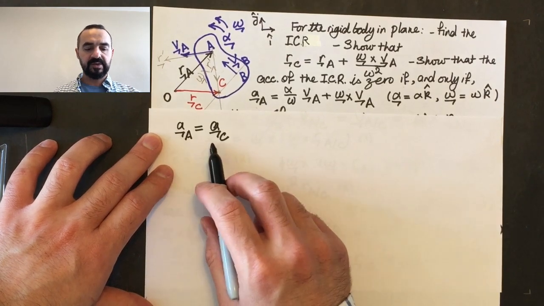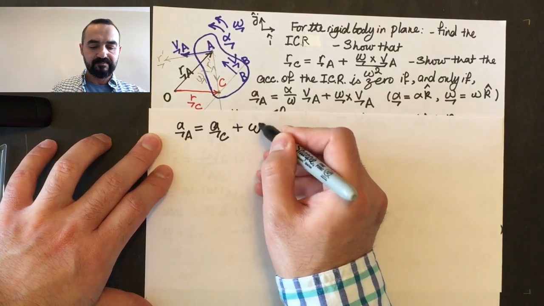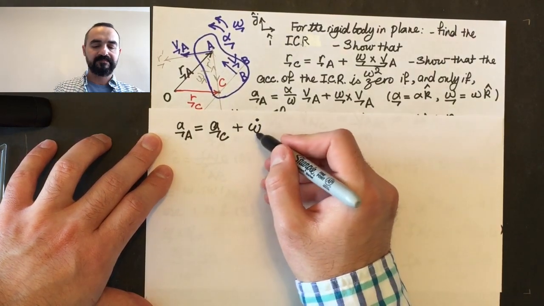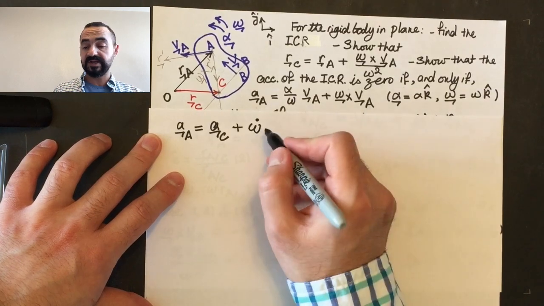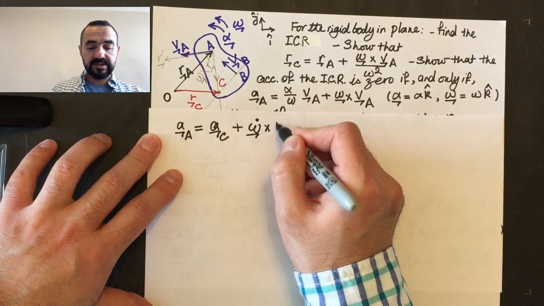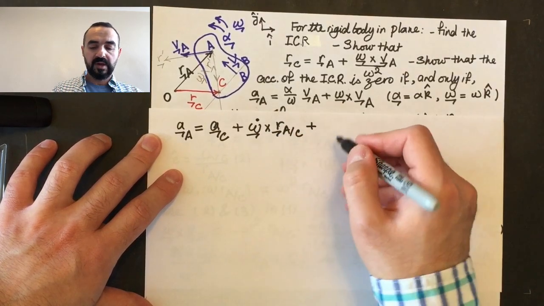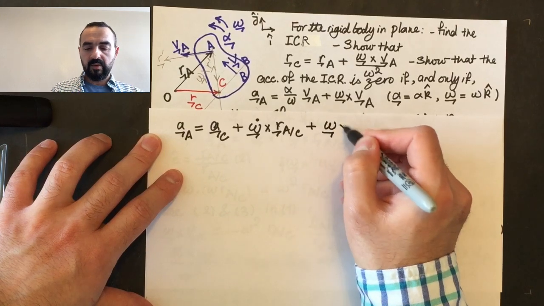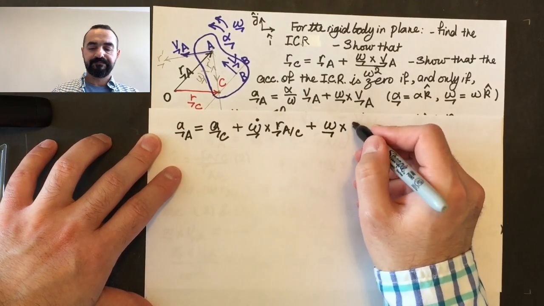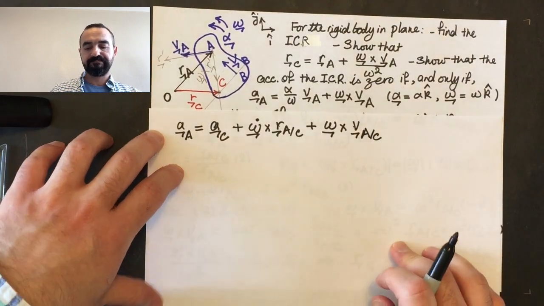The acceleration of point A is equal to the acceleration of point C plus omega dot, or alpha, cross RA with respect to C plus omega cross VA with respect to C.